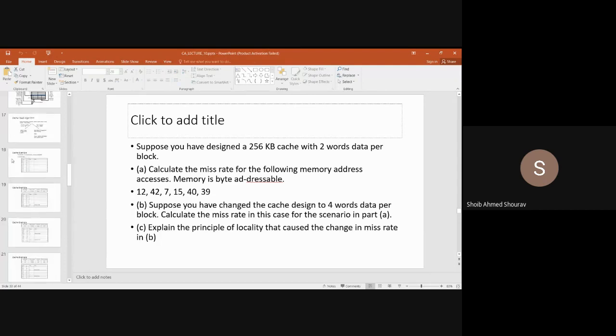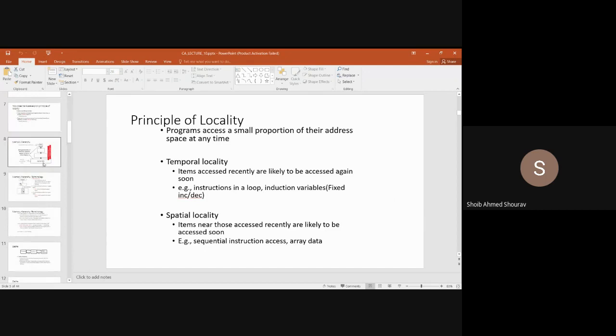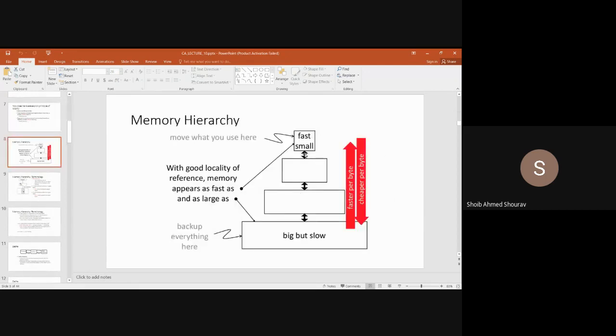I'm going to give you a brief again about this slide, what we have seen. We have seen the localities, then we have seen the memory hierarchy, that the processor is directly connected with only cache memory. Whenever we demand something, that request goes to the processor, and the processor processes it so that we can see what we requested.